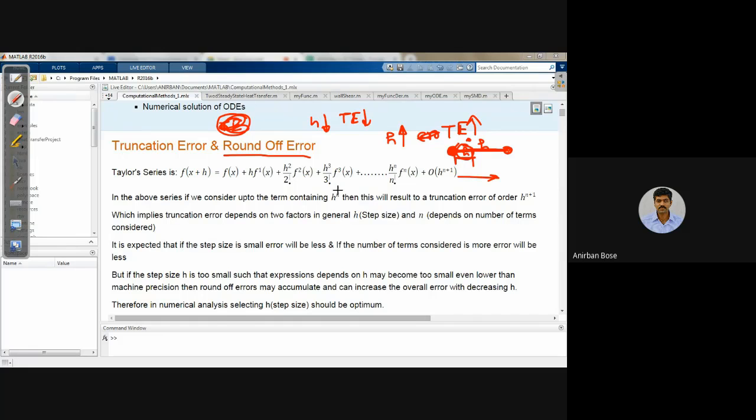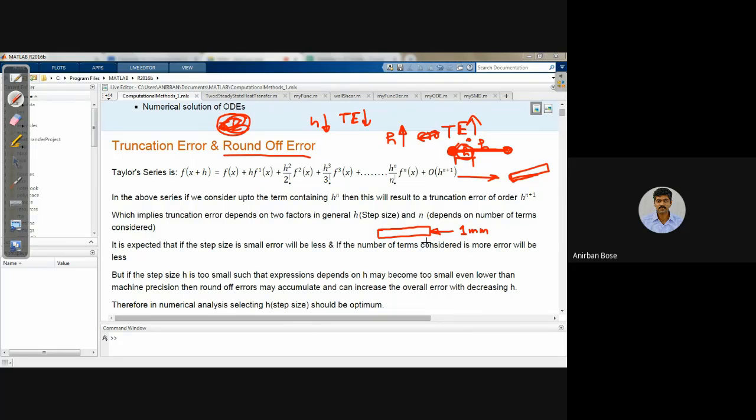The round off error is this: any instrument you use to measure anything, suppose you want to measure some length, for that you use some scale, and the scale must have some least count. Below that least count, it is not possible to measure correctly with that scale. Let us consider this is a scale you have and its least count is say 1 millimeter.